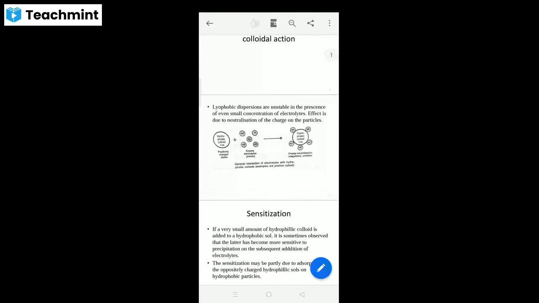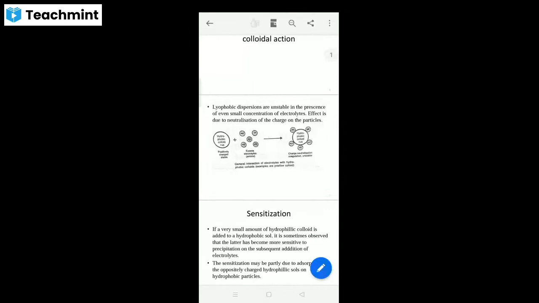And when we add a certain quantity of electrolytes, electrolytes get dissociated into the respective ions, and these ions may adhere onto the surface of lyophobic particles.